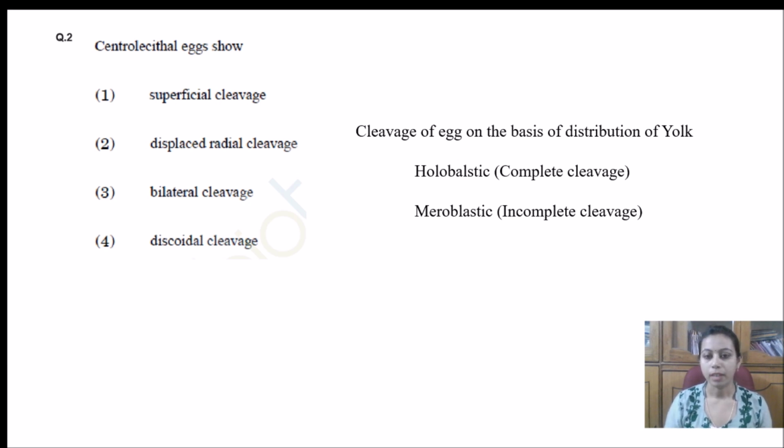One is the holoblastic cleavage, also known as complete cleavage, and the other is the meroblastic cleavage, or incomplete cleavage. In case of holoblastic cleavage, the yolk is either very less, or it may be distributed to a particular place, or it is well organized at a particular place.